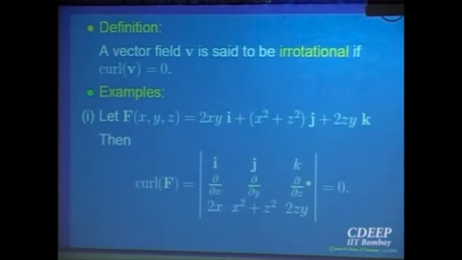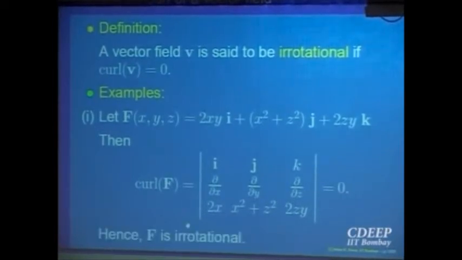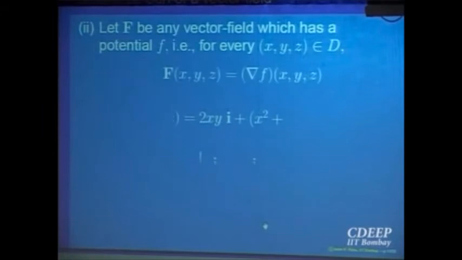The second row is the differential operators, partial derivative with respect to x, y, and z, and the third row is 2xy, x square plus z square, and 2zy. So when you differentiate the third component with respect to y minus the second with respect to z, that is 2z minus 2z, which is equal to 0. And similarly the other components, when you compute, come out to be equal to 0. So this says this vector field is irrotational.